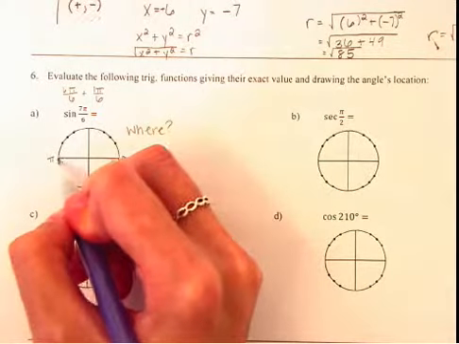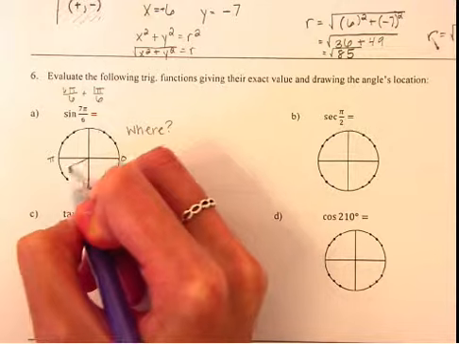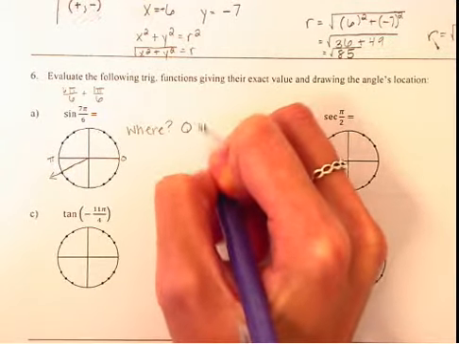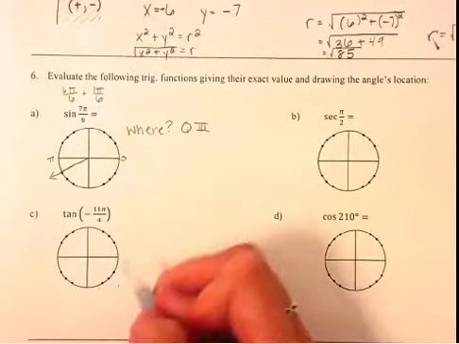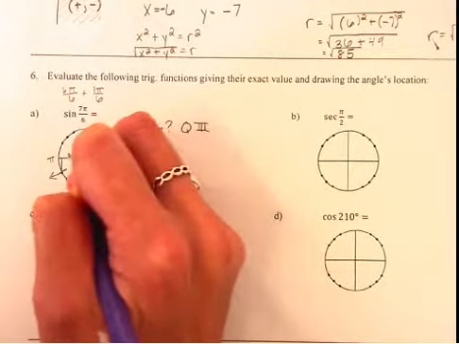I went one more pi over 6 from pi, which brought me to the 3rd quadrant. If it's in the 3rd quadrant, I know both x and y are negative.